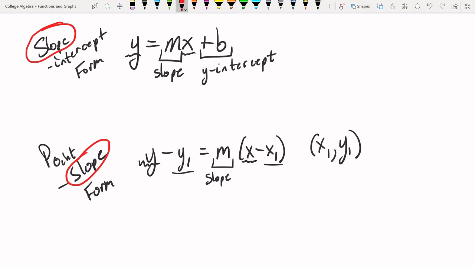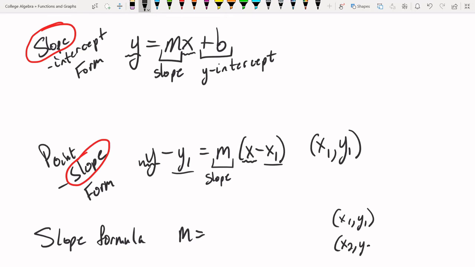To do that, we have a slope formula. You take 2 points on a line. So we have x1, y1, x2, y2. This is the first point and second point.